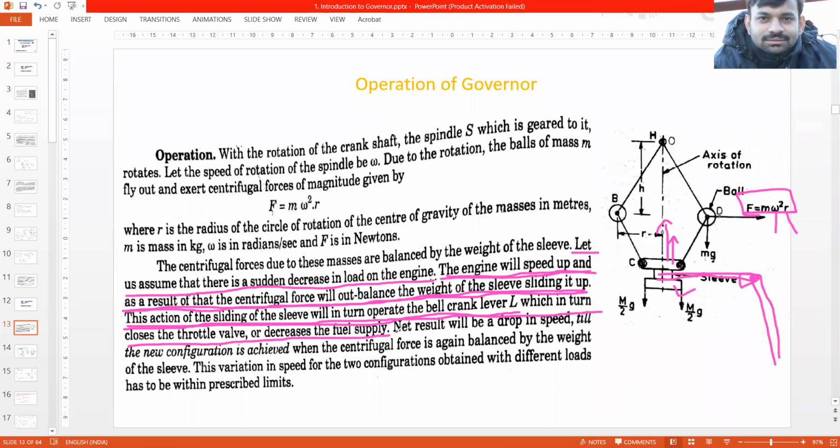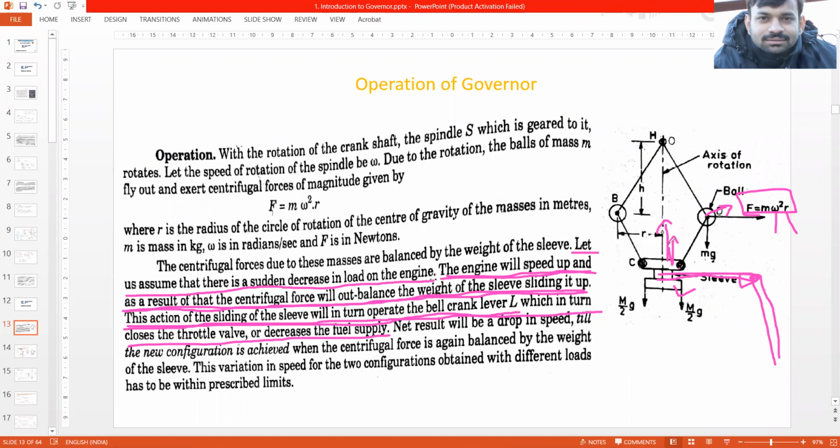Let me summarize till here. What this is saying is the load on the engine decreased, due to which the speed of the engine increased all of a sudden. Since the speed of the engine increased, the spindle will also start rotating at higher speed, so the centrifugal force which was acting on the balls will increase.